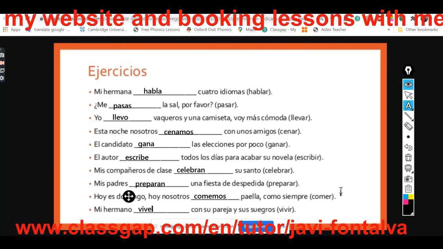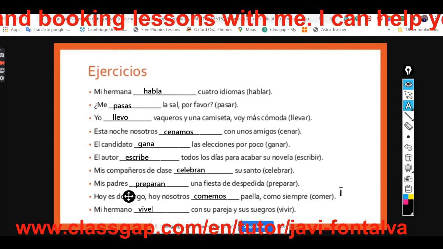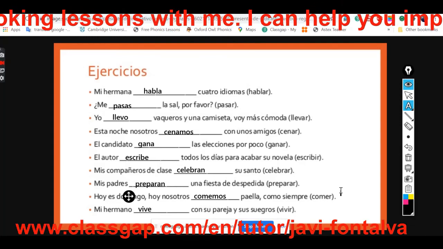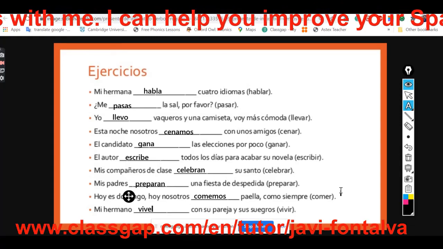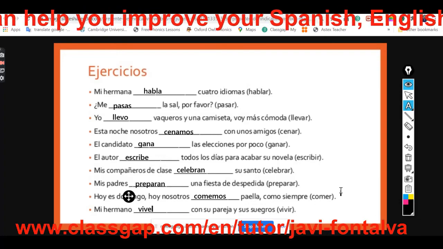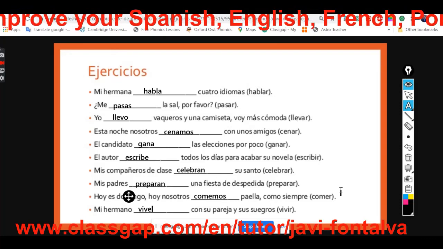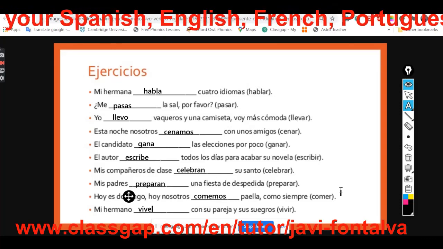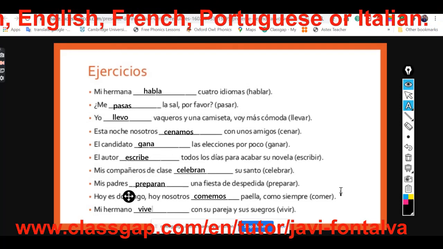What does pareja mean? Not really wife, it's more exactly partner, or girlfriend. Pareja could be your wife, could be your girlfriend, whatever, right? What about suegros? In-laws, your parents-in-law.